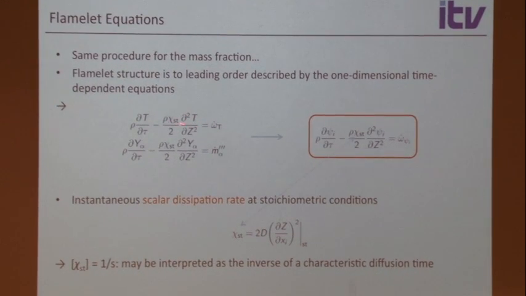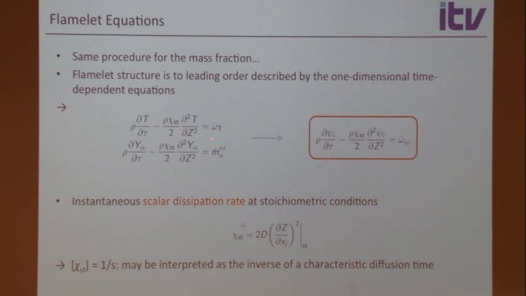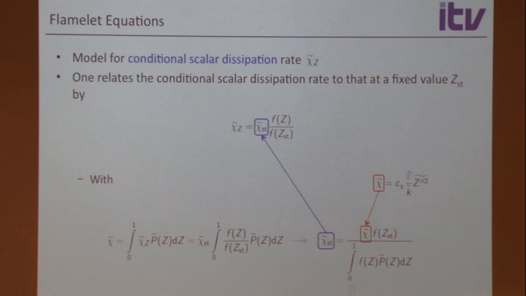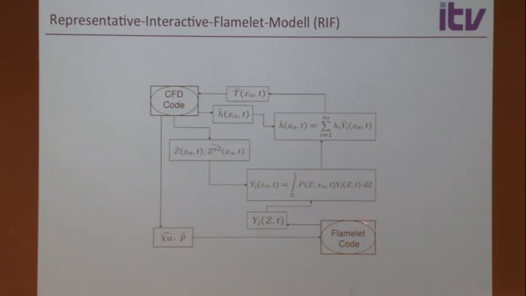Actually, this neglects the pressure term. There's also the dp/dt term here in the temperature equation, which is imposed. So I can solve just one time step now in the Flamelet code. What I get then at the new time is the mass fraction as a function of mixture fraction and temperature. Okay? Now let's go back.